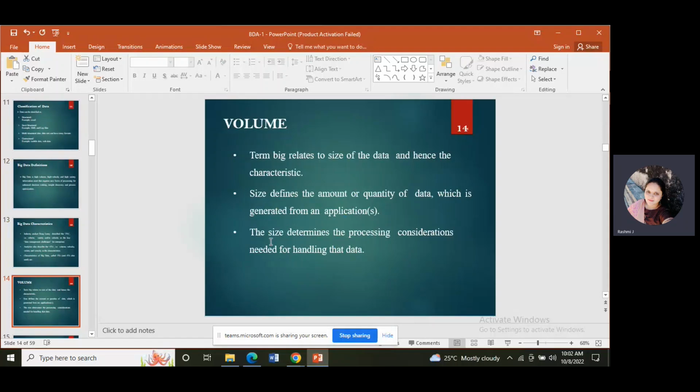Maybe for kilobytes there are some processing methods, for megabytes and gigabytes there are others. Based on the size of the data, in big data we choose the processing methods. Understood? So this is one of the characteristics. Volume represents the size of the data, where the data is generated from applications.